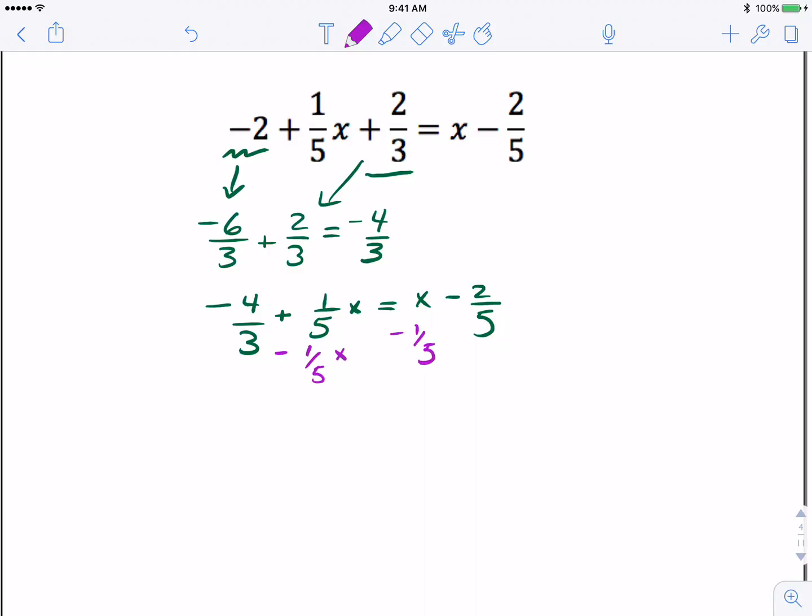On the right, I want to put x there, that's really a 1x. So by moving the 1/5 over, we are moving to the larger side. Something that we'll discuss in more detail, and once again, not a requirement, but basically you're avoiding having to deal with negative signs, and things get a little more confusing if you're just doing it randomly. Okay, so that's just going to give me 4/5.